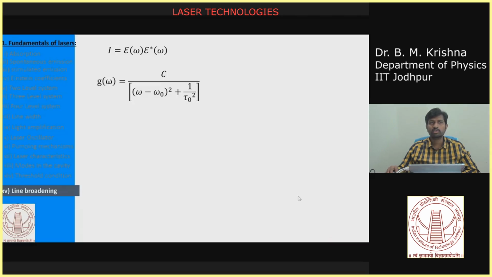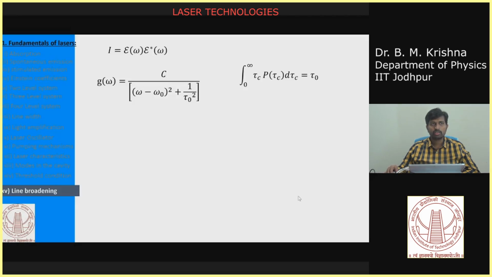Your tau naught depends upon your collision time, that means the time between two successive collisions, and there is a p of tau c, a probability function to have collisions. All together, integrating from 0 to infinity over time, you will get tau naught. So this tau naught is your collision time associated with the probability function of collisions.